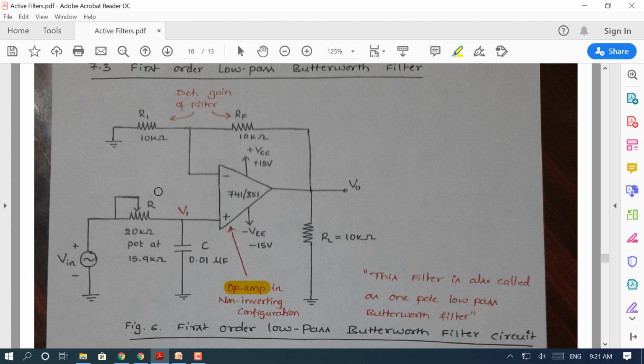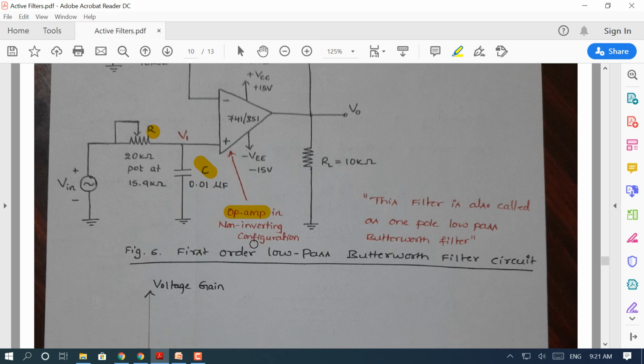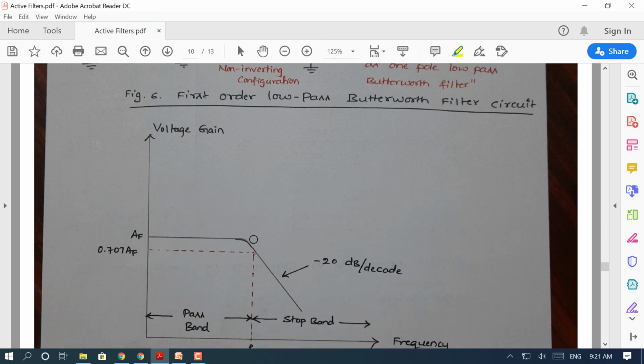Since here we have only one RC section, this is R and this is C, this filter is first order. And the roll off rate for this first order low pass filter, as we have already seen, is minus 20 dB per decade.